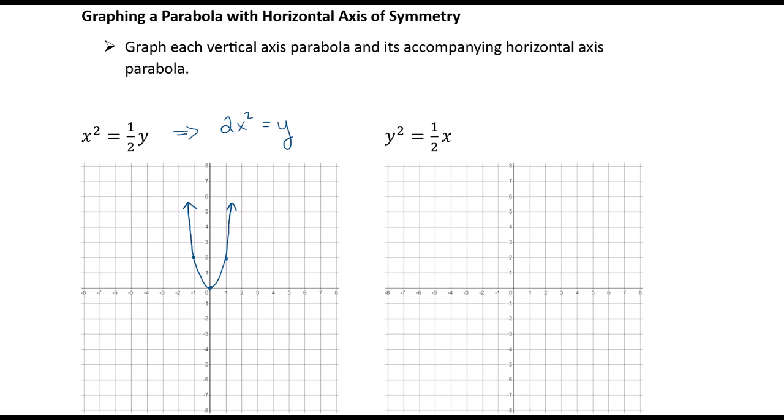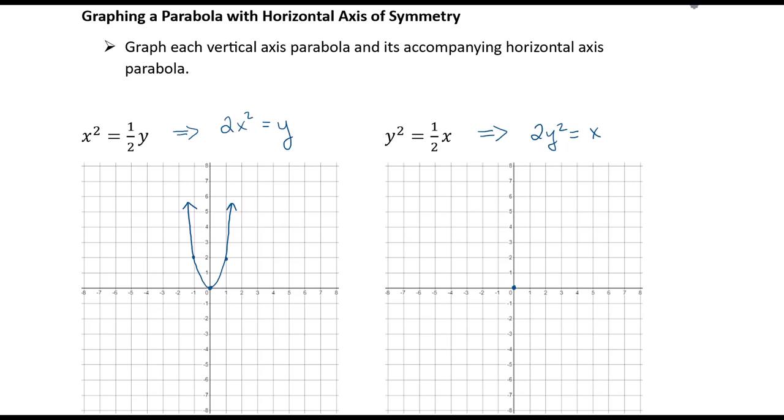Now what happens when we switch the x and the y over here? We can go ahead and put this into a more agreeable form for us to graph. And now we have still a vertex at 0, 0. Notice this parabola was opening up. This parabola will be opening to the right.